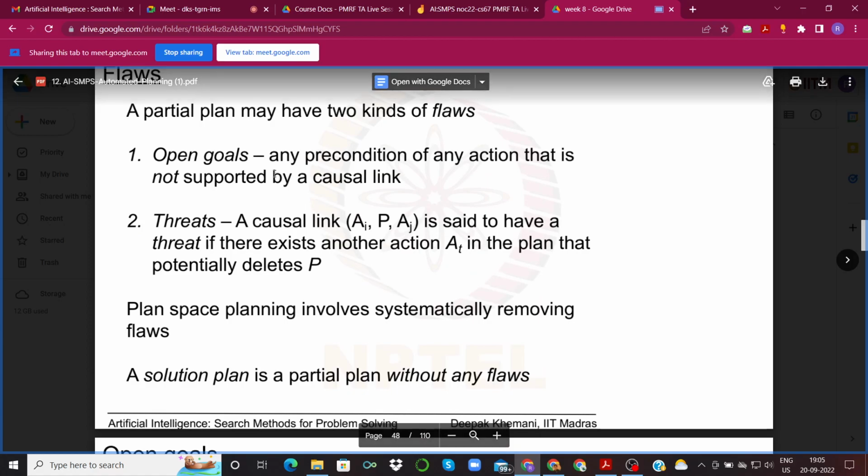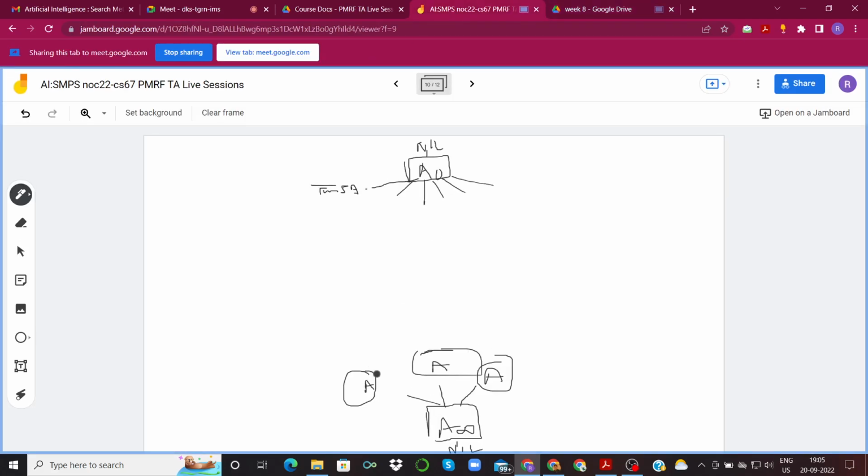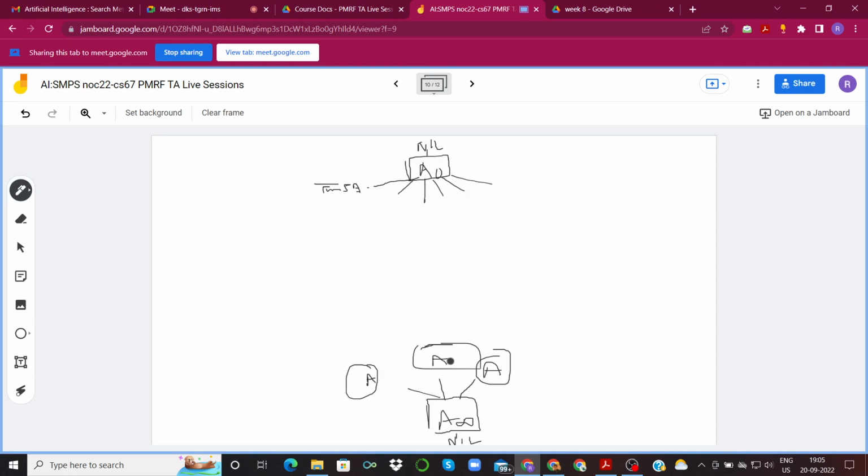Okay, an open goal is any precondition of an action that is not supported by a causal link, right? So in this case, these attending for Amol, attending for Ayesha, or attending for Anisa are not supported by a causal link from any particular action, right? So we don't have a certain action over here that fulfills these, right? So these three are the open goals that we have.